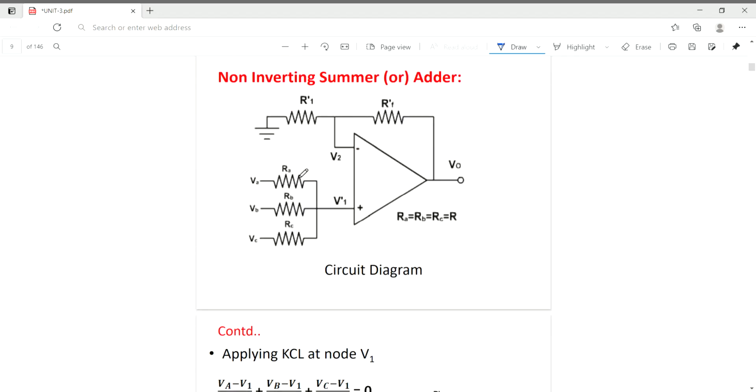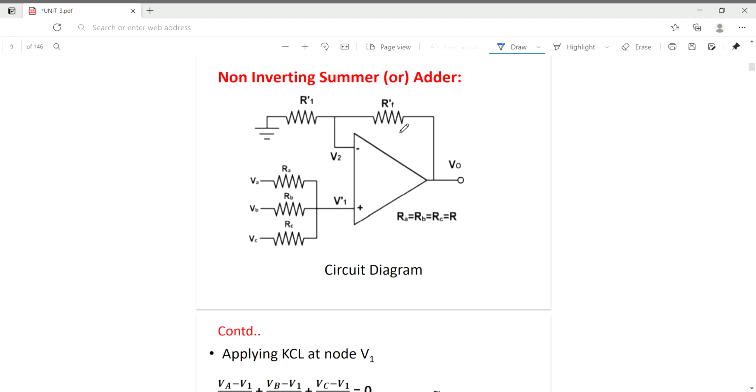Then we have the non-inverting summer amplifier, in which the input voltages are given to the positive terminal, and we have two resistances connected at the inverting terminal, R1 and RF.